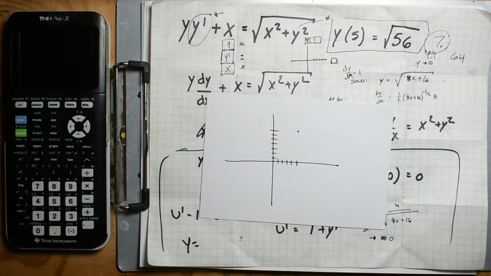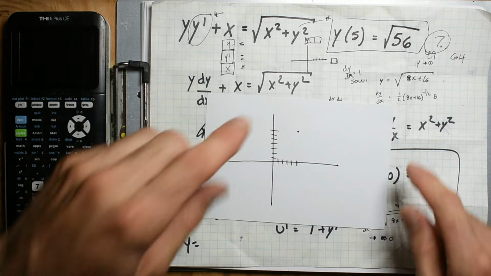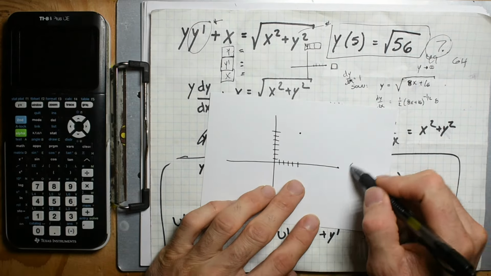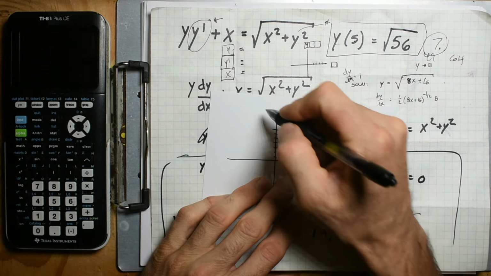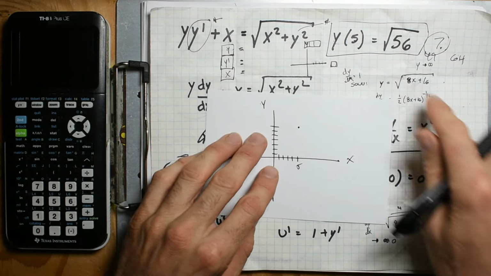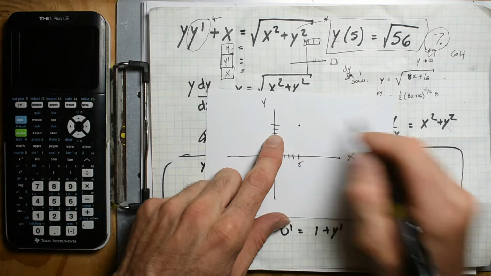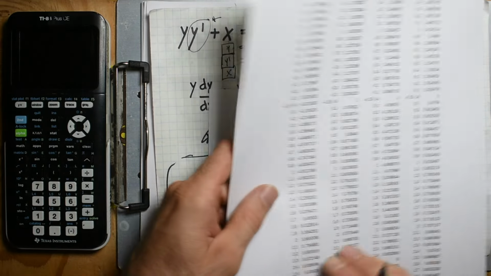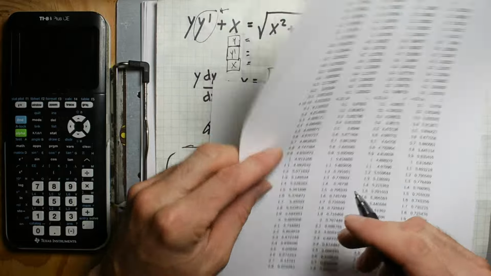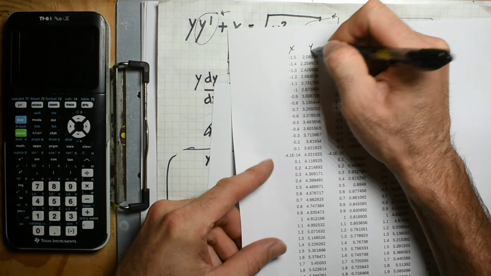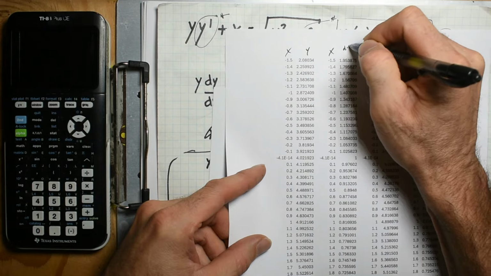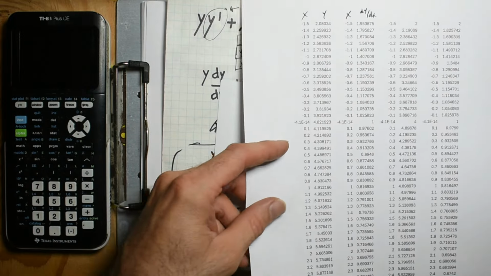Alright, so we're back, and what we're doing is this initial condition says our x value is 5, and our y value is about 7, square root 56. And so we're going to come to our graph where these are our x values, and this is dy/dx.